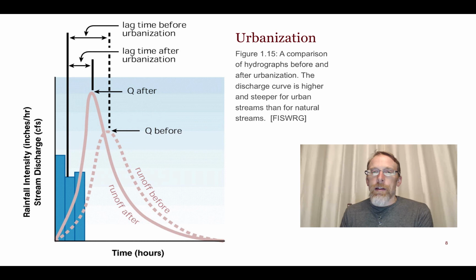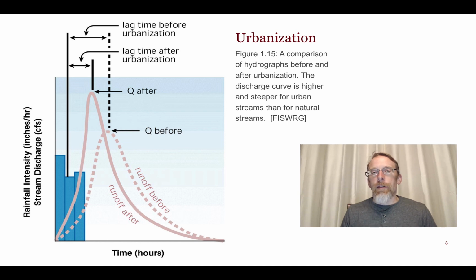All that impervious surface causes water to run off and keeps it out of the soil where it can soak in and be stored and slowly released back to the stream. So basically what cities do with their stormwater runoff is try to get it as fast as possible into a storm sewer and then get that storm sewer flow directly into a stream somewhere.